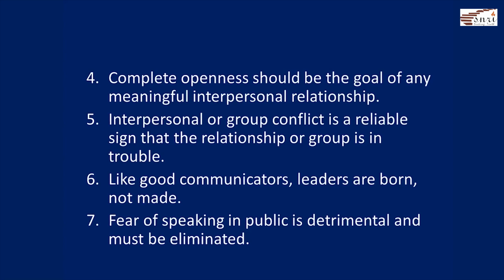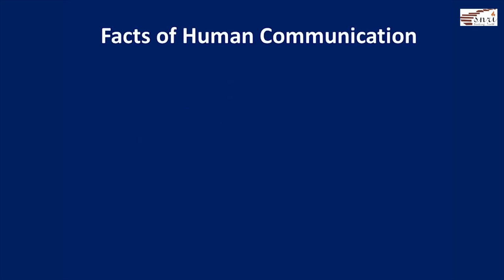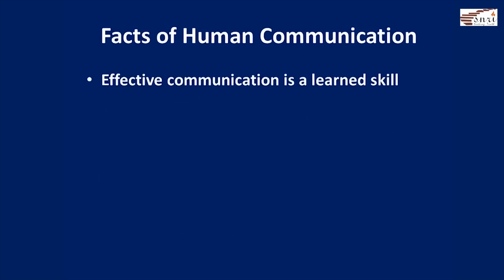Now, having looked at all these myths, let us take a look at some of the facts of human communication. First, effective communication is a learned skill. Sometimes some people are born brighter or by nature are more extrovert than others.